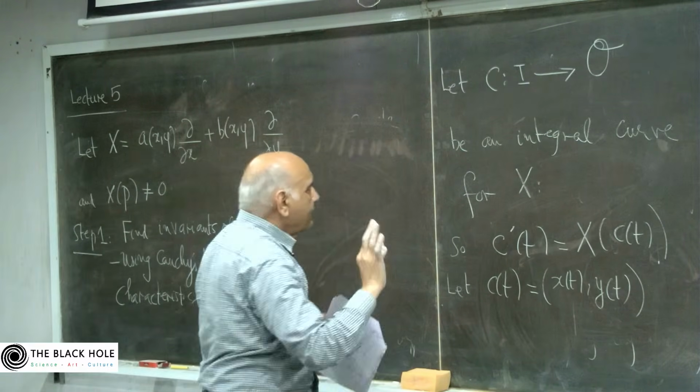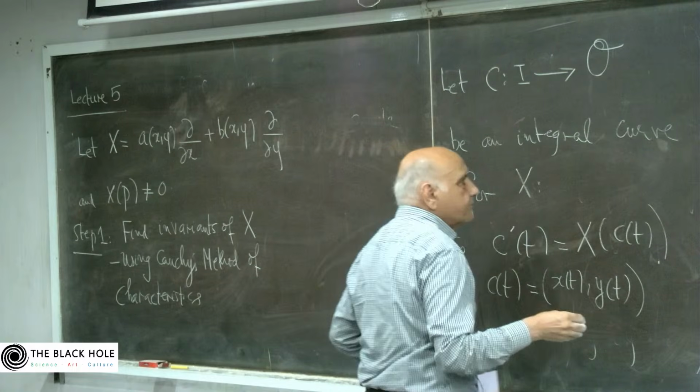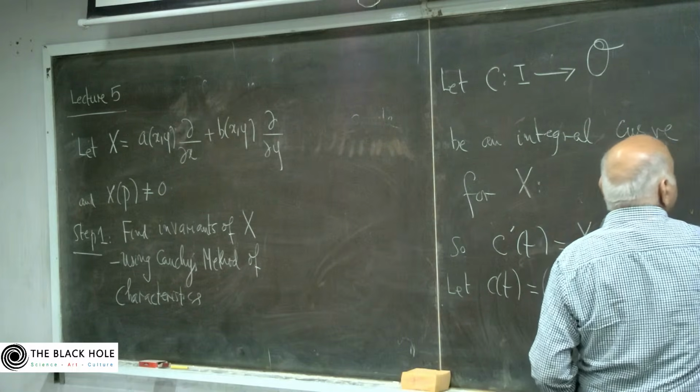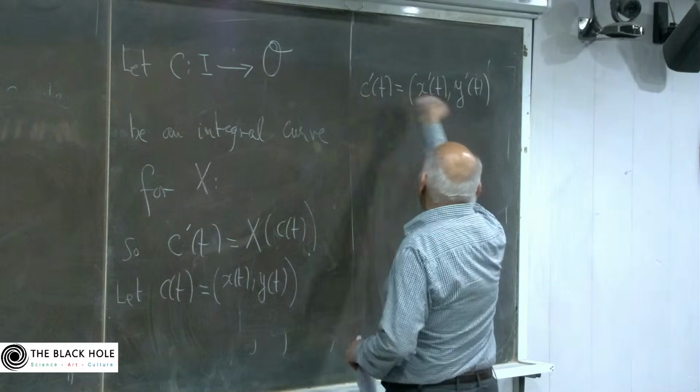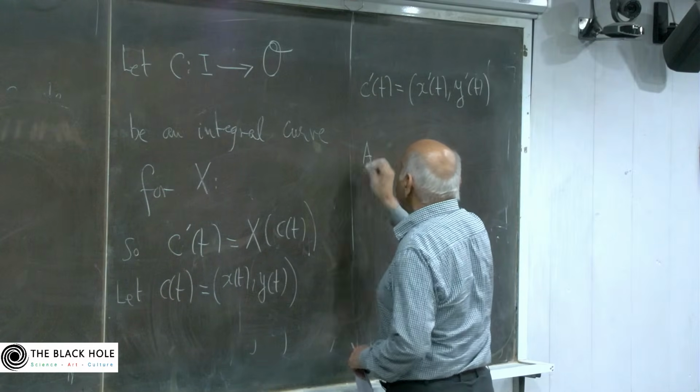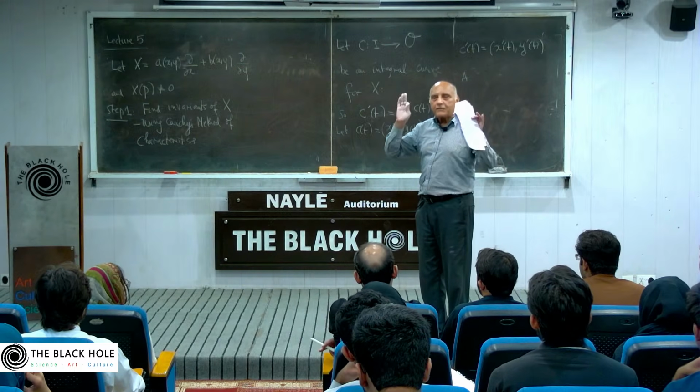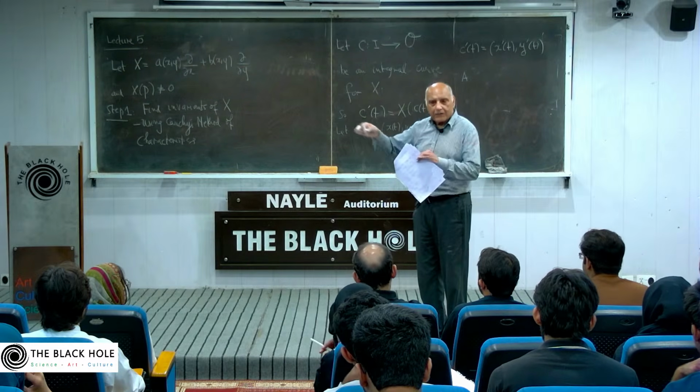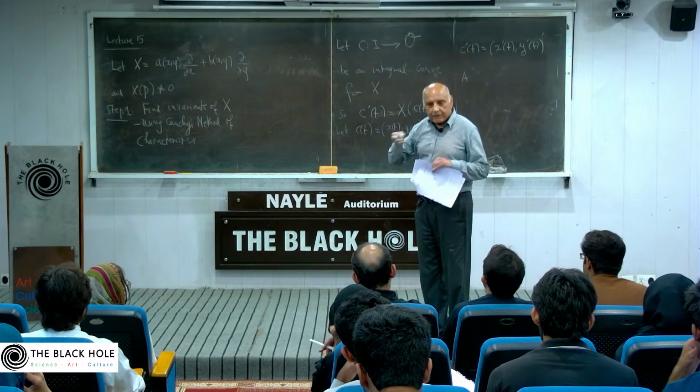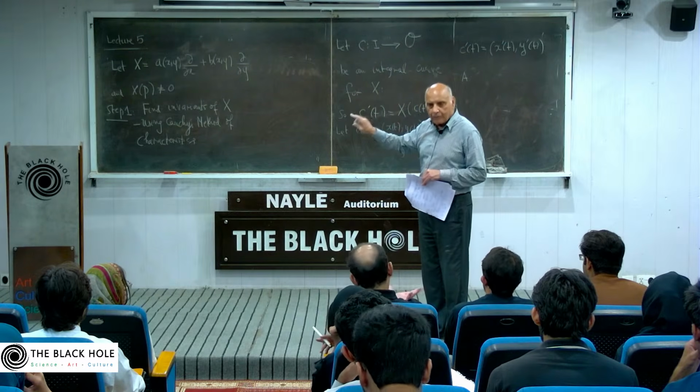So let's see. Otherwise we can't compare as a vector valued function. If I look at X, I can also write this as a dot del, right? And then it can also be related to the directional derivative. Of course, every vector valued function can be identified with the differential operator, which is the directional derivative in the direction of the vector field.